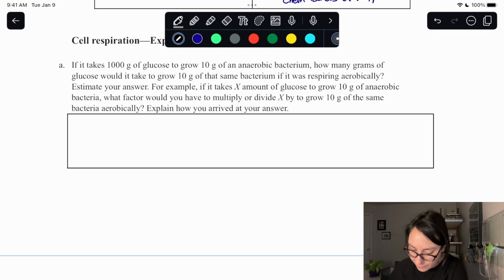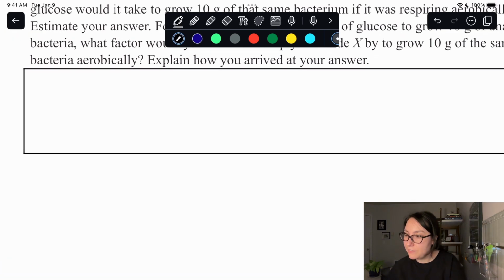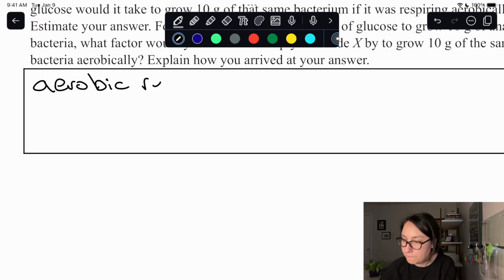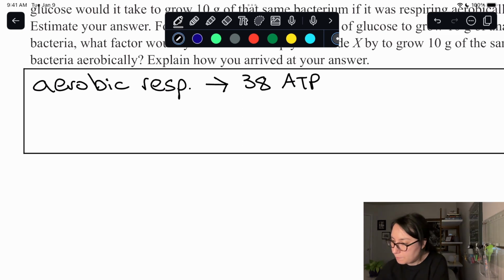Yes. So, you already know from way earlier that aerobic respiration produces about 38 ATP per glucose molecule.